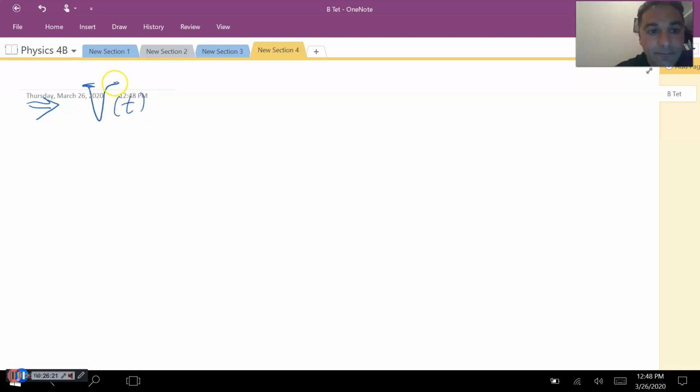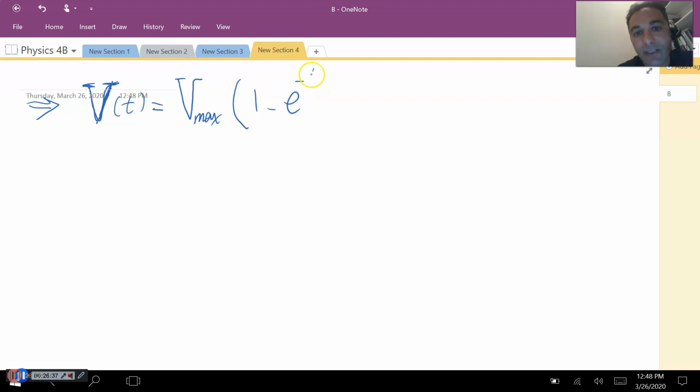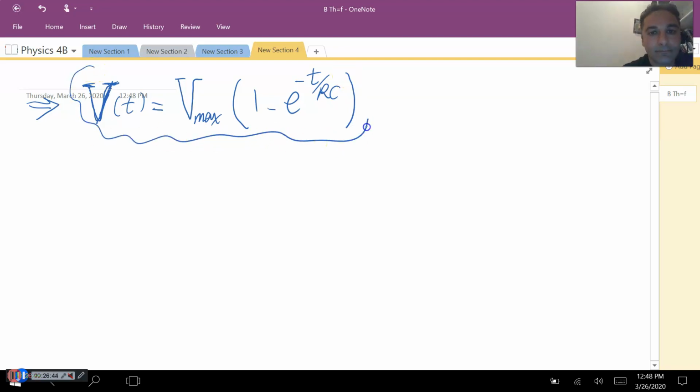V(t), so this is V, equal, let's write this one, V max, parenthesis 1 minus e to the negative t over RC. Keep it.